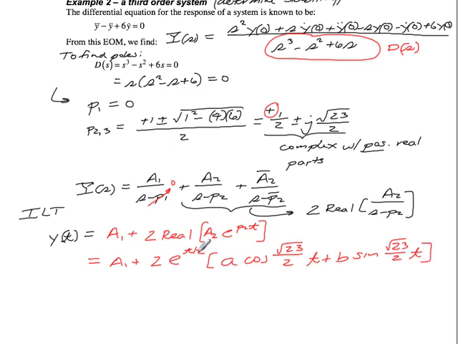So right away we see this is an unstable contribution. You start out the system with small initial conditions away from equilibrium, and they don't come back.